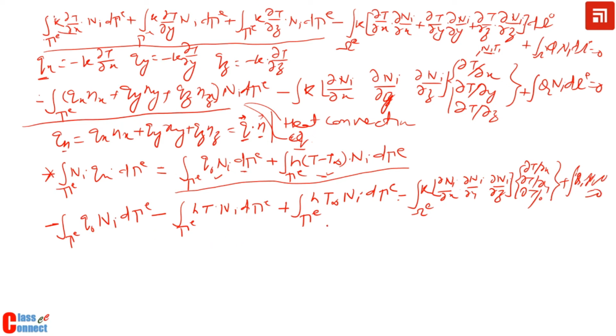Now I will rearrange all these and write in a proper sequence, taking these temperature terms together on one side, this term and this term, and all three terms on the other side.